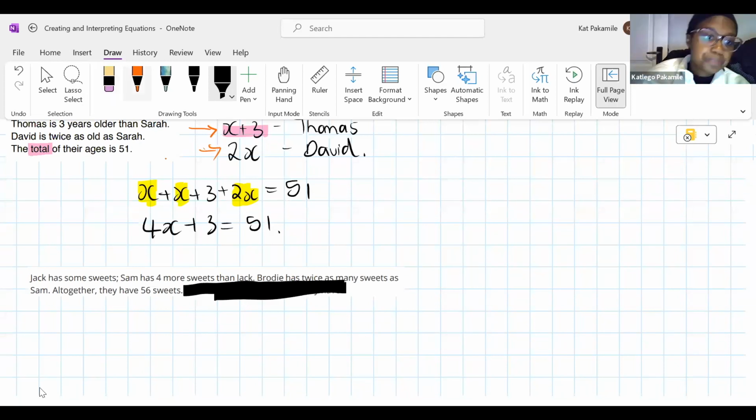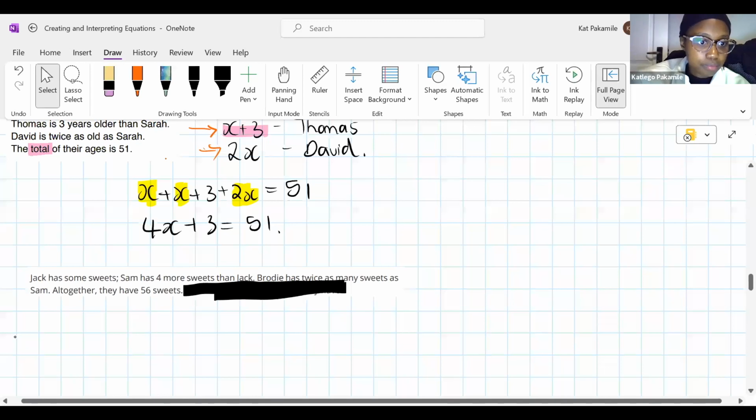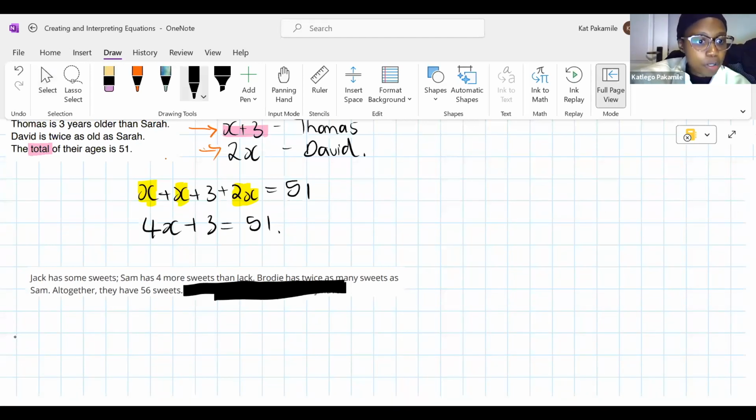So, ma'am, Jack has some sweets, so we'll use Y. Okay. So Jack has Y. And then Sam has Y plus 4 sweets. Okay, Y plus 4 is Sam. And then Brody has twice as many sweets as Sam. So, ma'am, I would say 2 into Y plus 4.